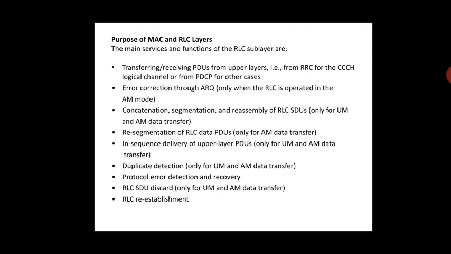LTE defines two MAC entities, one in the user equipment and one in the E node B. The exact functioning performed by the MAC entities is different in the UE from that performed in the E node B. The main services and functions of the MAC layer include the mapping between logical channel and transport channel, and multiplexing and demultiplexing of MAC SDUs belonging to one or different logical channels, and also scheduling, error correction, priority handling, transport format selection, and padding of MAC PDUs for the data.